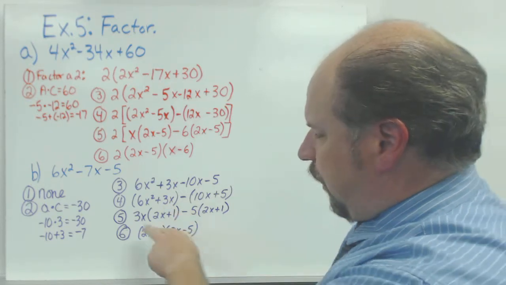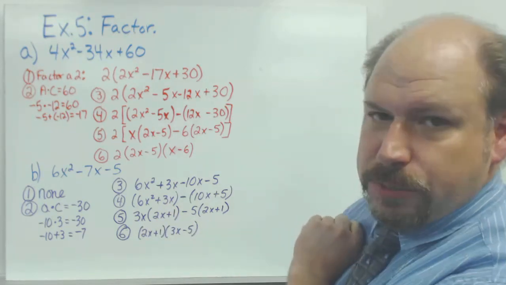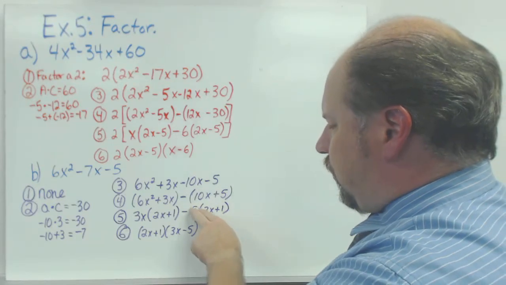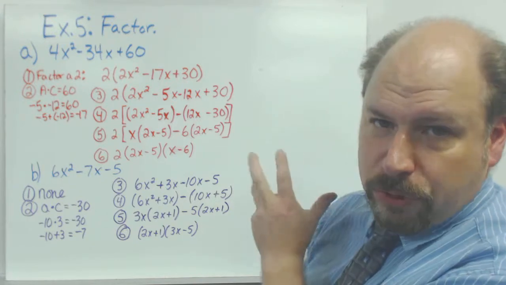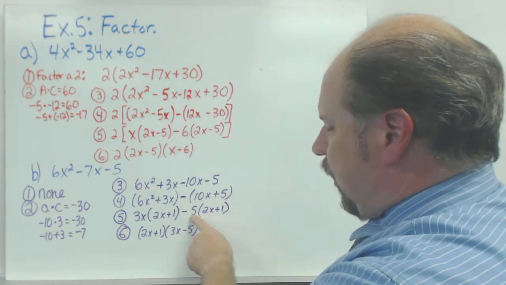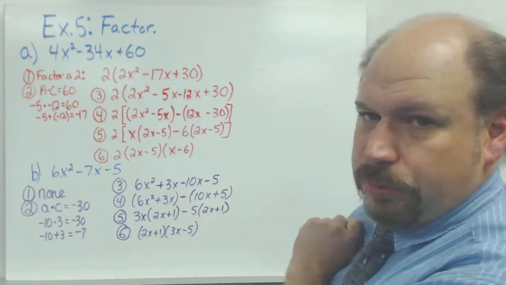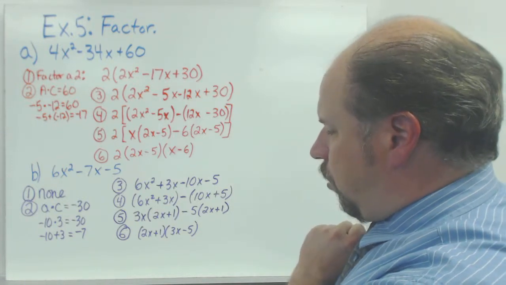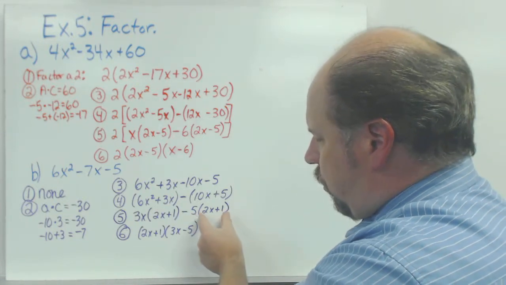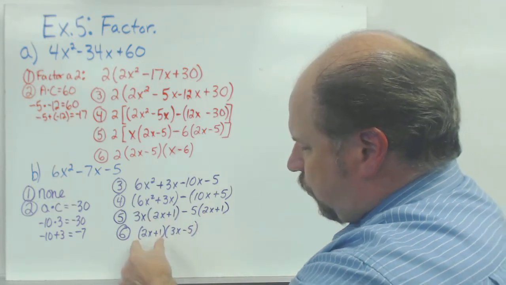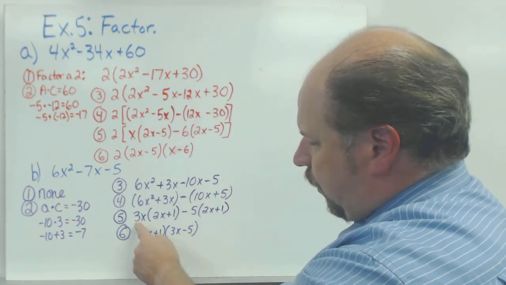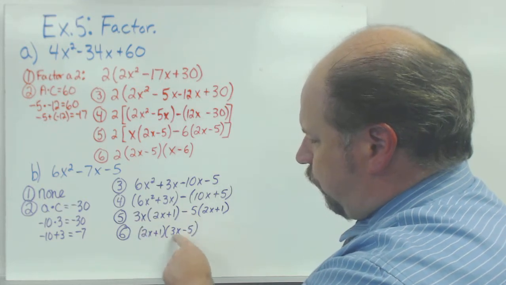So we end up with 3x times the quantity 2x plus 1. And same thing here, between 10x and 5, it's 5. So we factor out a 5, 5 times the quantity 2x plus 1. Now notice we have 2x plus 1 in both of them. So I factor that out to the front here, leaving us with just 3x minus 5.